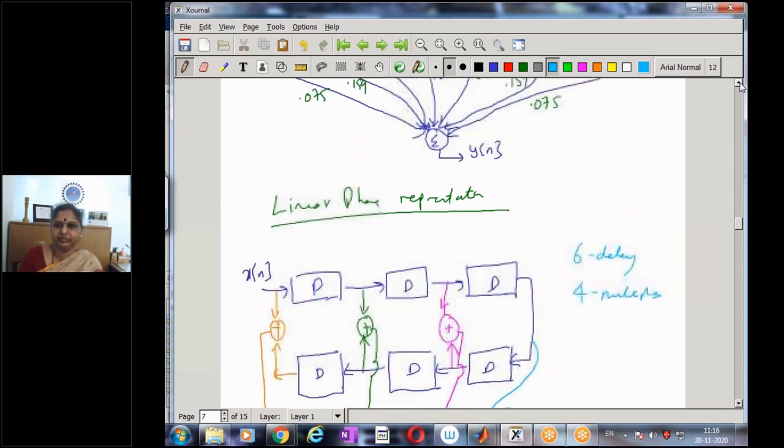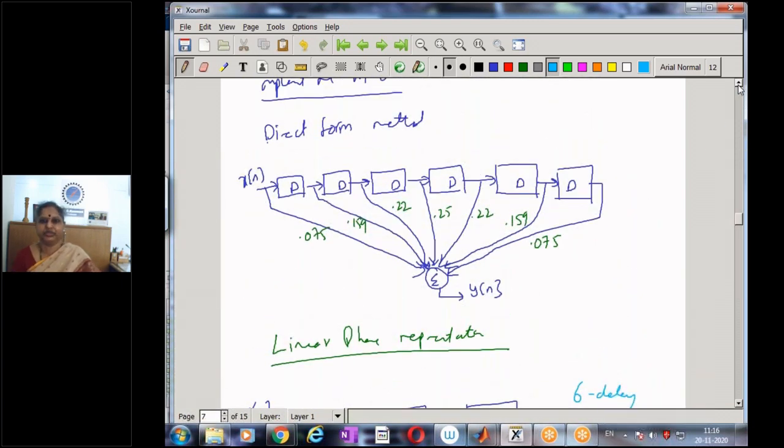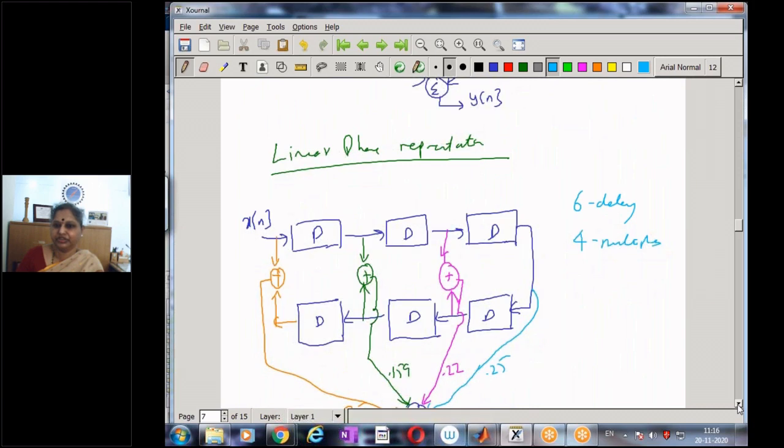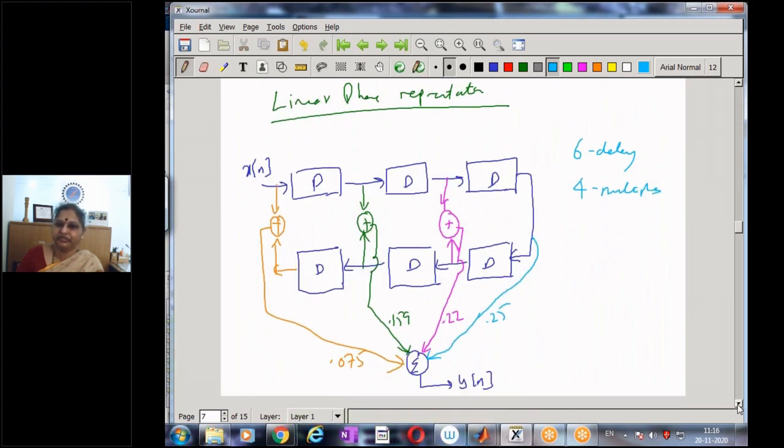So this is an efficient method of design as compared to the earlier one, where we had the same 6 delay elements, but we had 7 multipliers. So this is the efficient implementation, or the linear phase implementation, of FIR filters, wherein we reduce the number of multipliers because of the symmetry that exists in the impulse response coefficients.